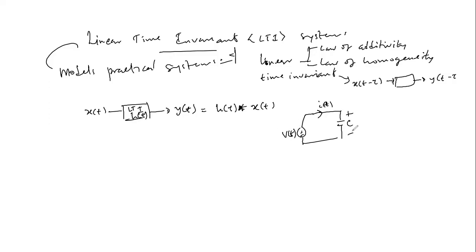Then we can relate these parameters using Kirchhoff's voltage law, and come up with a system of equations. And then you see that the current and the voltage across the capacitor, following from Kirchhoff's law and Ohm's law, are related by some differential equations.